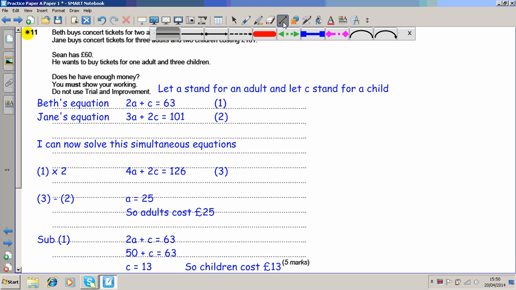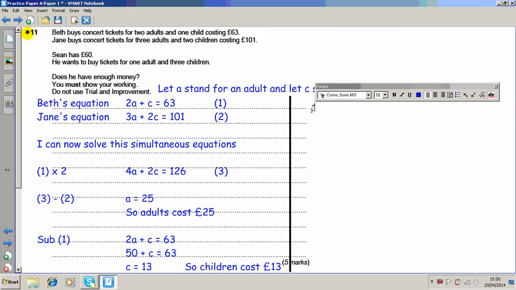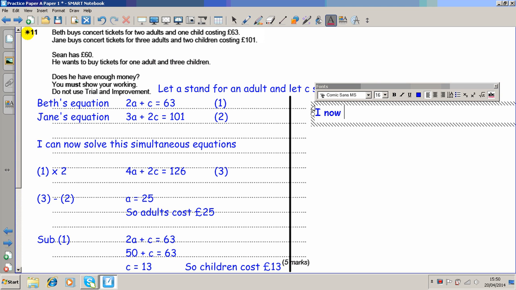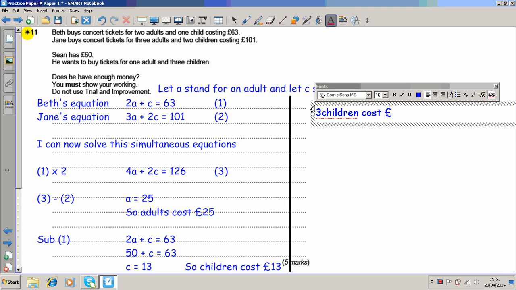Okay, so now I've got that, I'm going to run out of room a bit, so I'm going to have to carry on the overside here. So I now know that adults cost £25 and children cost £13.